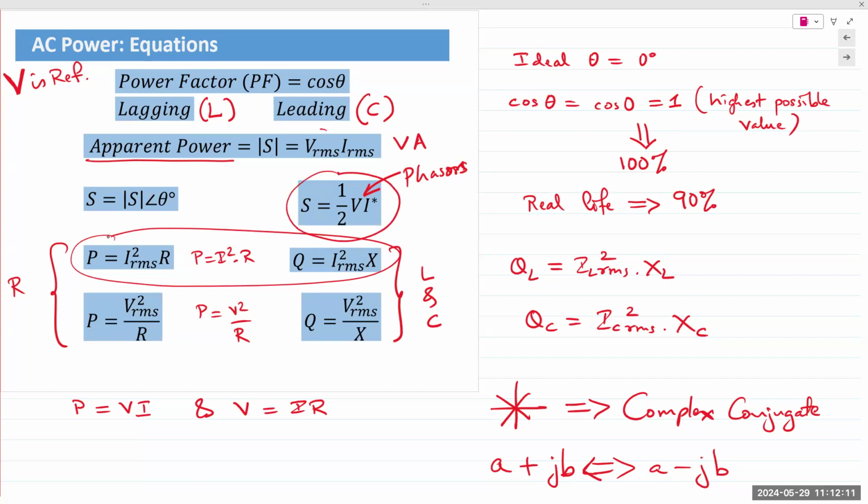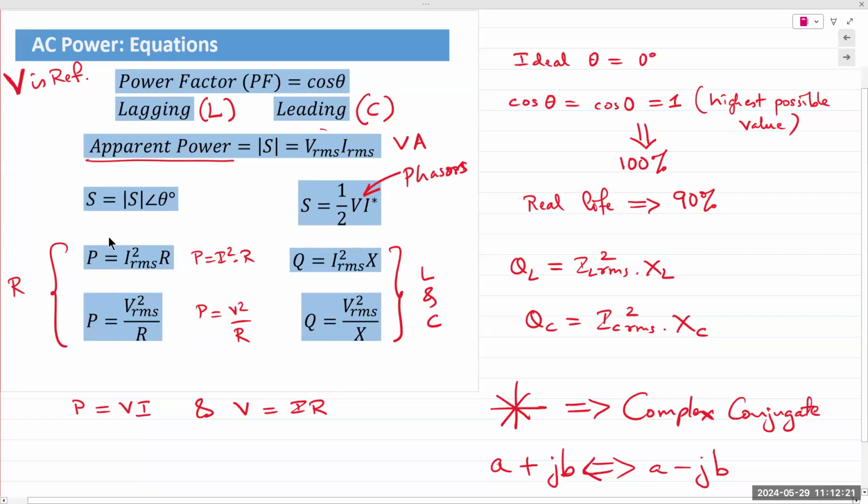Or if it is a component like a resistor or inductor or capacitor, you can use any of these four equations. So if you use any of these four equations for the component, you again need either voltage or current, and you need the resistance or the reactance. P is V squared over R or I squared times R. Same equation for reactance X.